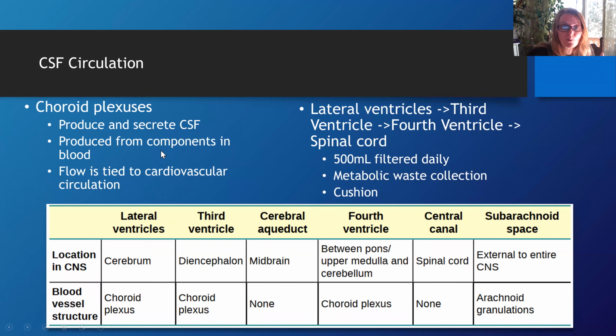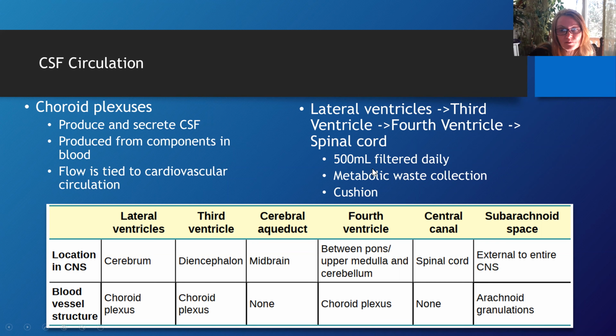It's produced from components in blood. Its flow is tied to cardiovascular circulation, obviously. And then it flows from the lateral ventricle, third ventricle, fourth ventricle, spinal cord. And finally, right, because we're constantly producing it, it's returning back to the dural sinuses, blood vessels that carry venous blood.